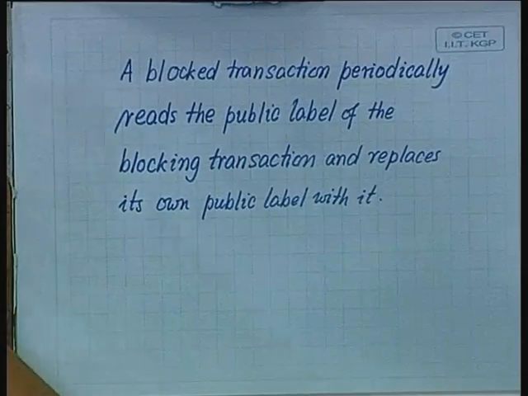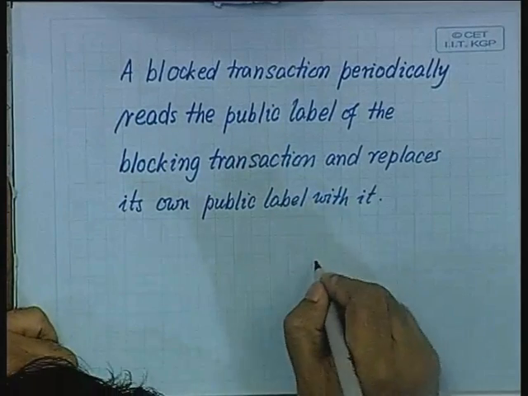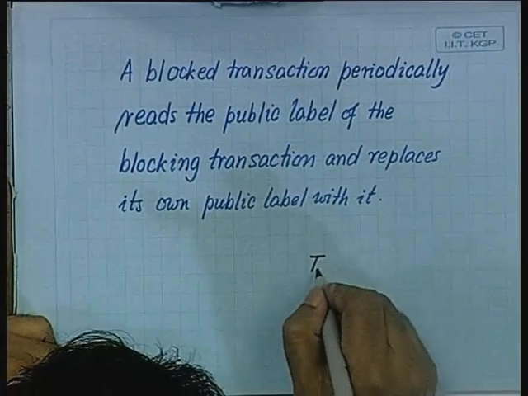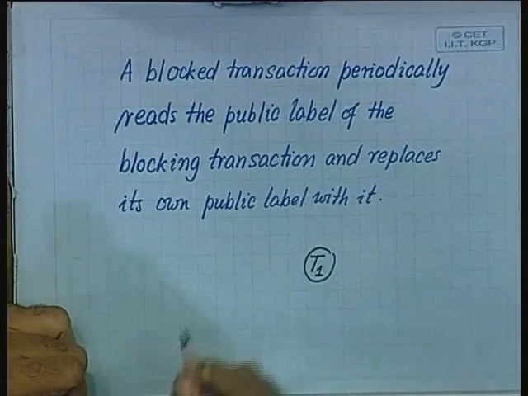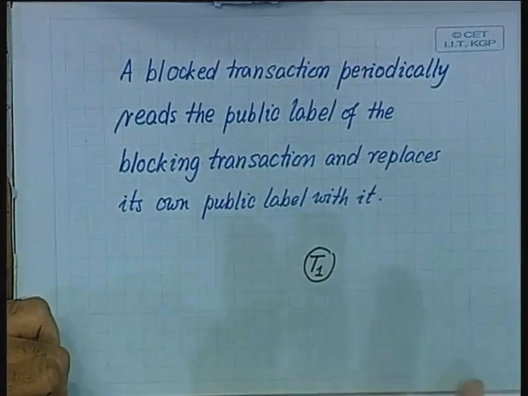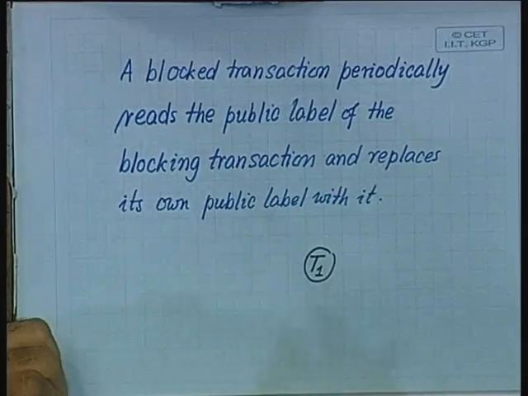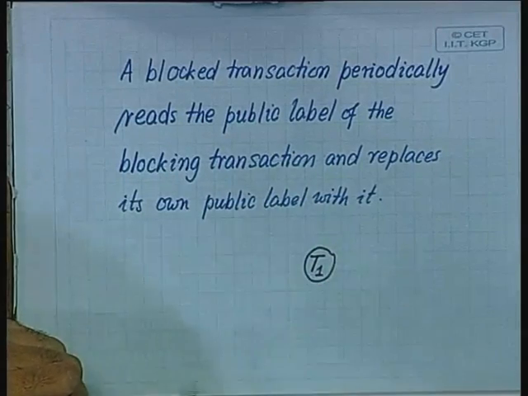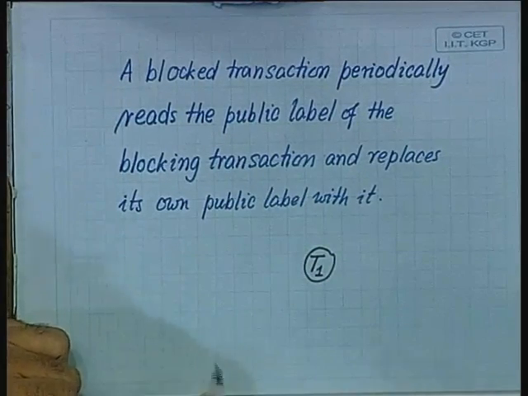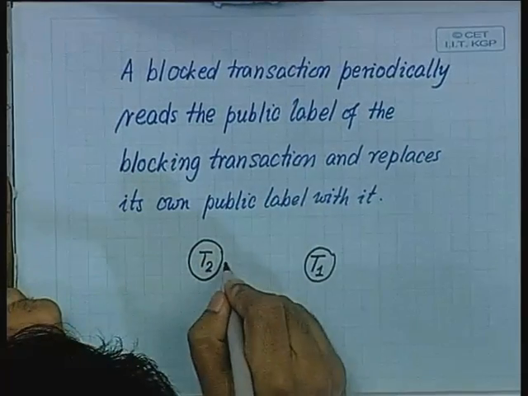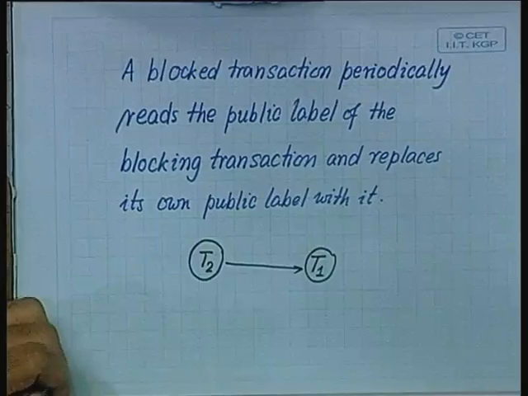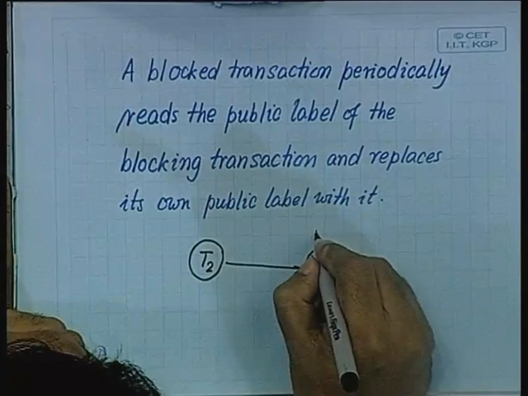Now, let us understand what is happening here. Here I had say T1, which was executing, it had not blocked or anything, but it is currently holding a resource, it is using a resource, and when T2 wants to access that resource, it blocks here. So, let us say T1's public label was 5.